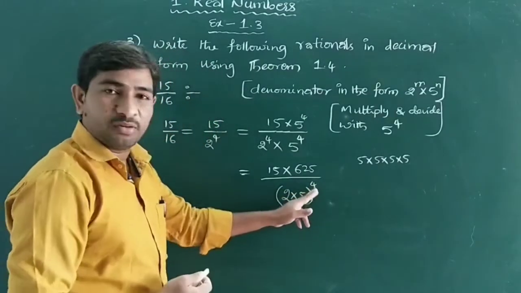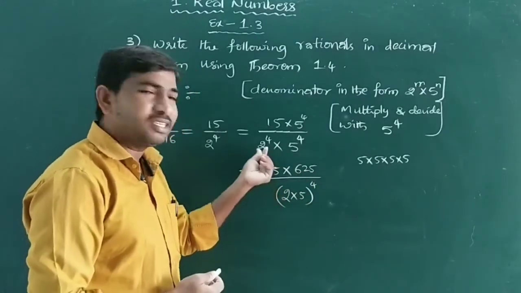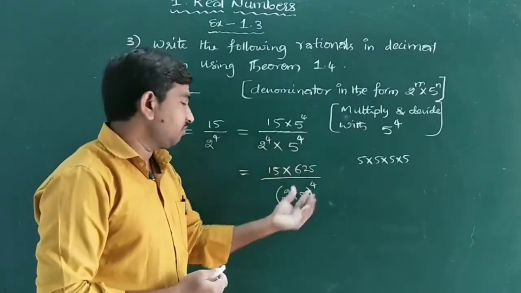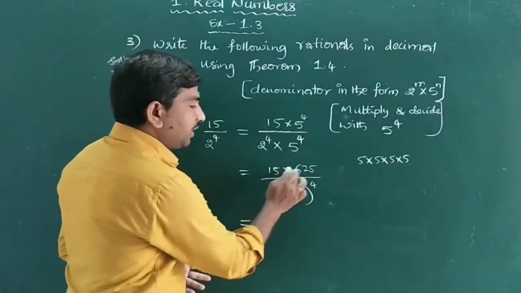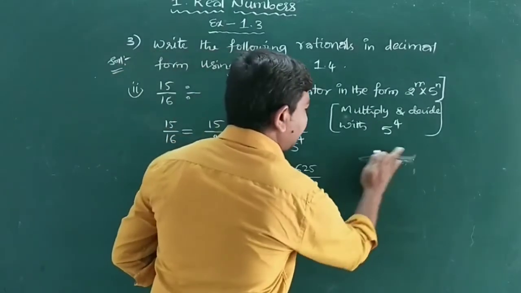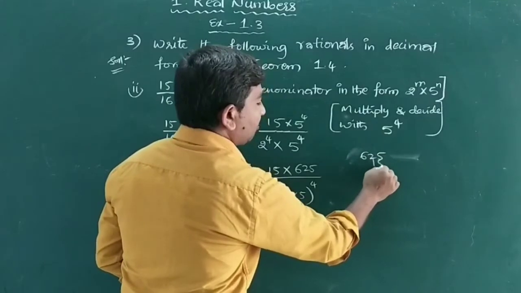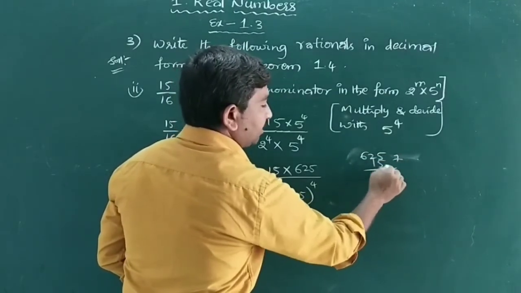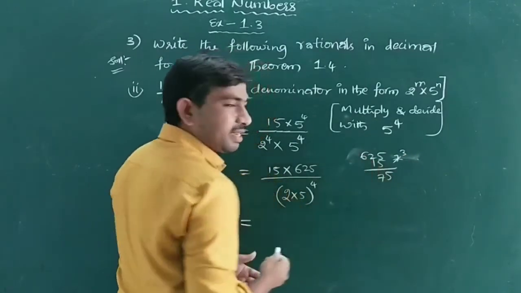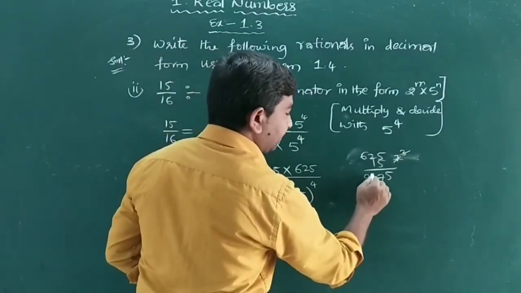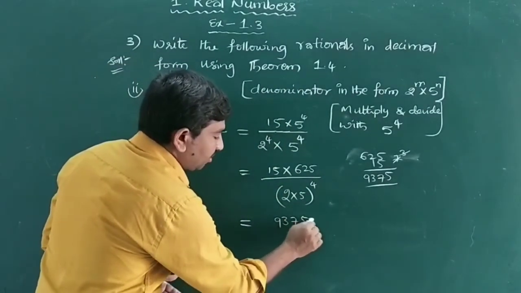Since a into b whole power 4 is equal to a power 4 into b power 4, in the same manner we can write 2 power 4 into 5 power 4 as 2 into 5 whole power 4. Now 15 into 625 we have to multiply. 15 5s are 75, 15 2s are 30, 15 6s are 90. So 9375 is the numerator answer.